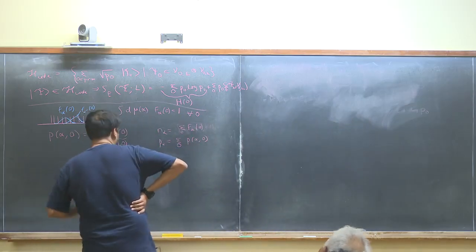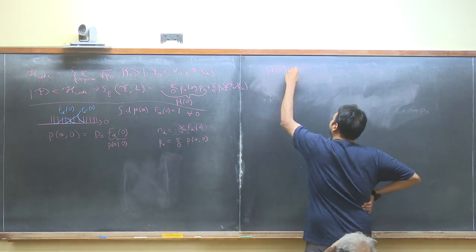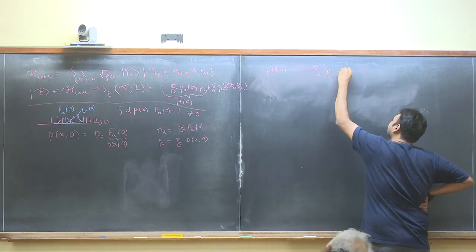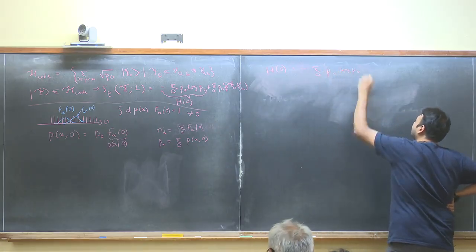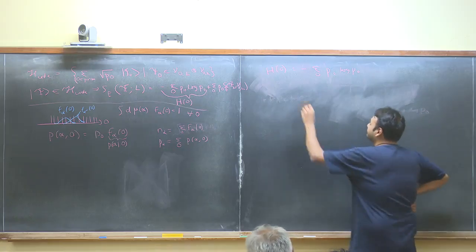So now what I care about again is H of O, which is minus the sum over O of P of O log P of O. Now you can add and subtract a bunch of things.